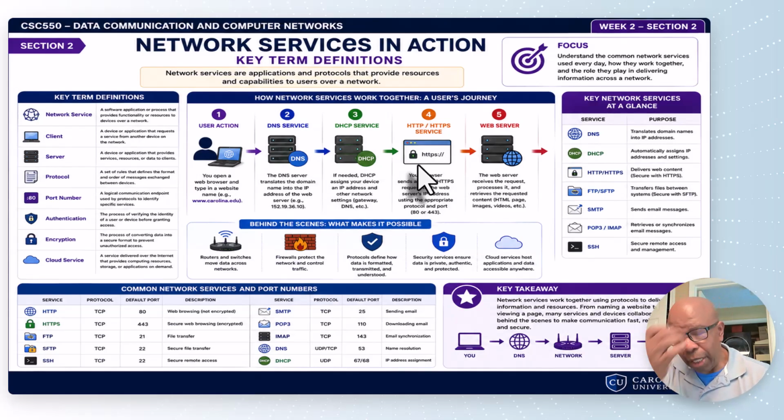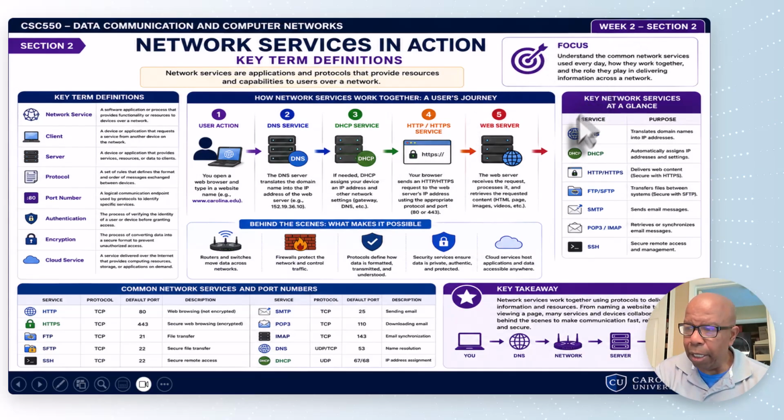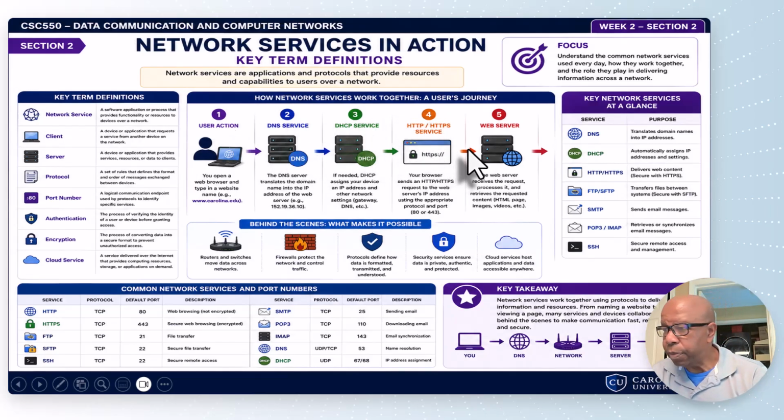One of the key things I want you to be able to do is, when you're having a conversation with someone about networking and you hear the term DNS service, you know what that means. You can then communicate, understanding what the terms within the networking world mean. So make it a high priority to become aware of the terminology.